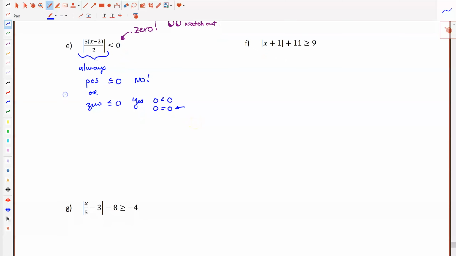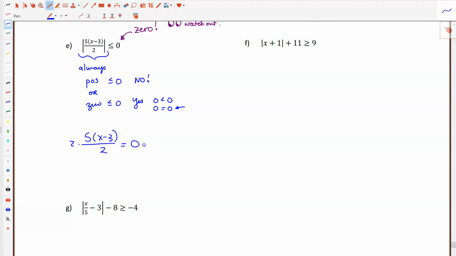So let's find out what value for x makes this side equal to 0. So 5 parentheses x minus 3 all over 2. There's that inner expression inside of my absolute value. I want to find what value for x makes this equal to 0. That is something we could solve, so let's go ahead and solve that.